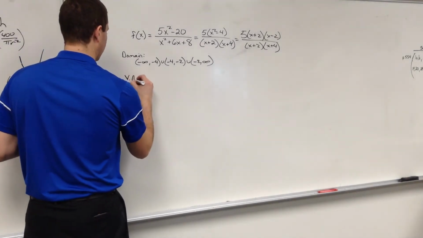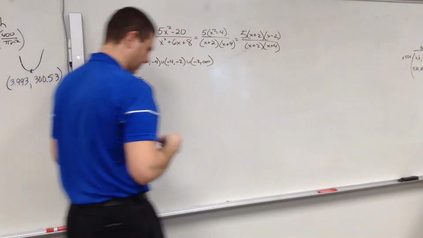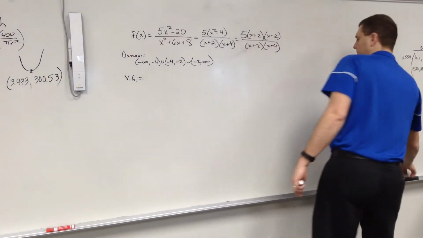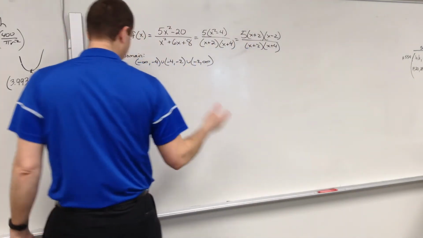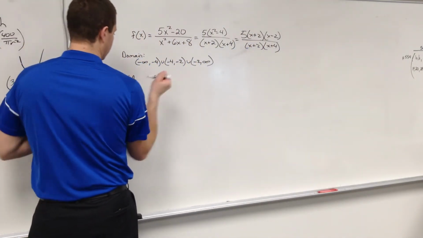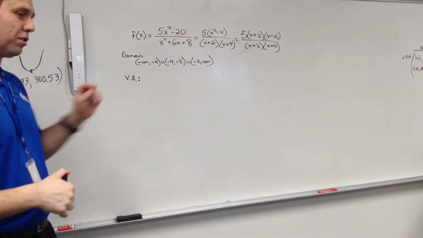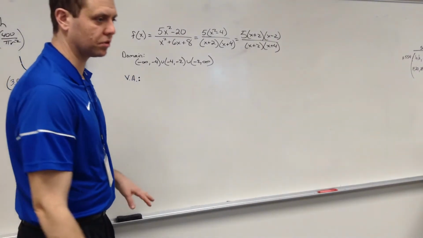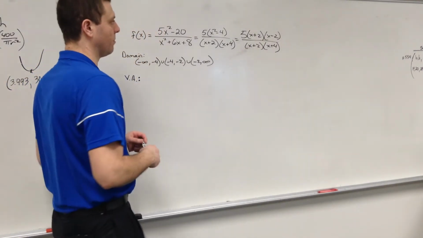As long as we're on domain, let's talk about vertical asymptotes. Where do vertical asymptotes happen? They happen at some x value, whatever x value makes just the denominator equal 0. As the denominator gets really close to 0, and only the denominator.